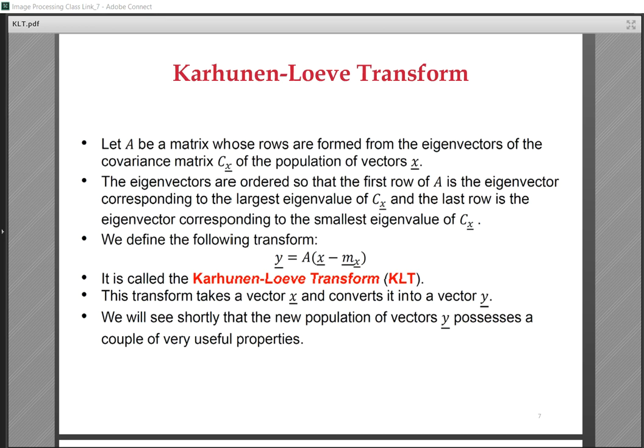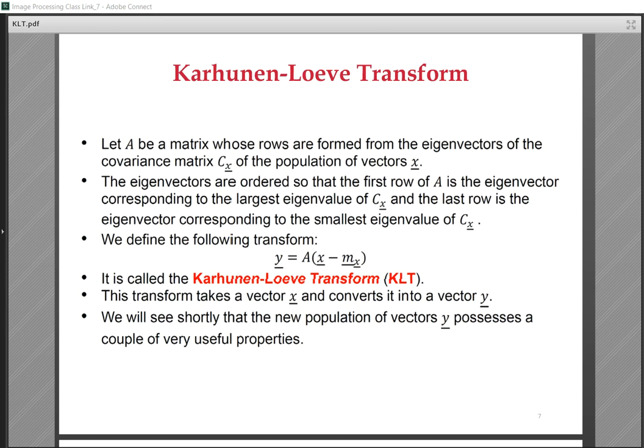A is a matrix whose rows, row 1, row 2, row 3, are those eigenvectors. Each eigenvector corresponds to one of the images, E1 for image 1, E2 for image 2, etc. These eigenvectors constructing the rows of A are the eigenvectors for images 1, 2, 3, etc.